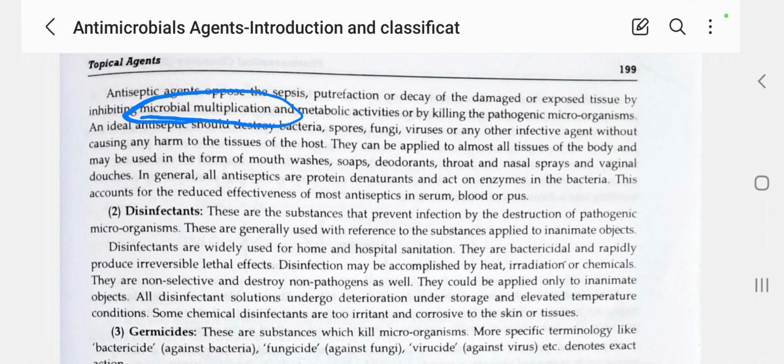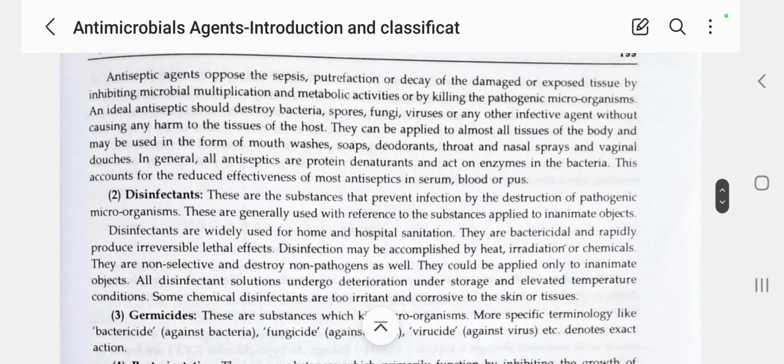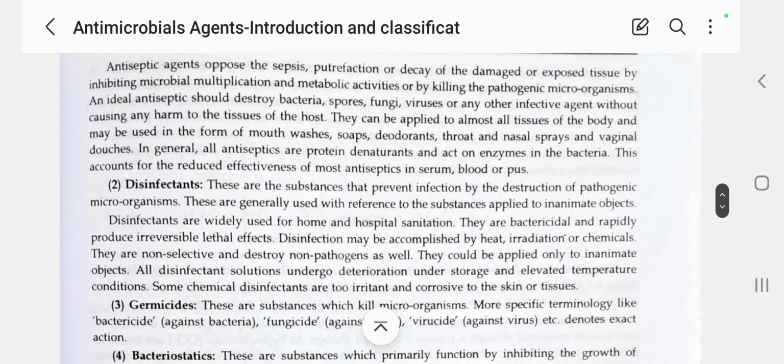Thereby the antiseptic will kill or prevent microbial growth or metabolic activities, or kill the pathogenic microorganism. An ideal antiseptic should destroy bacteria, spores, fungi, viruses and other infective agents without causing any harm to the tissues of the host.